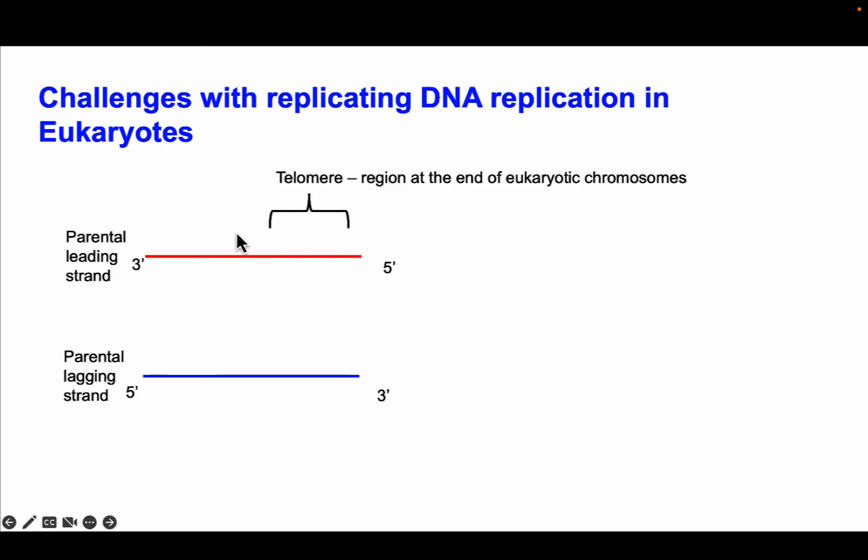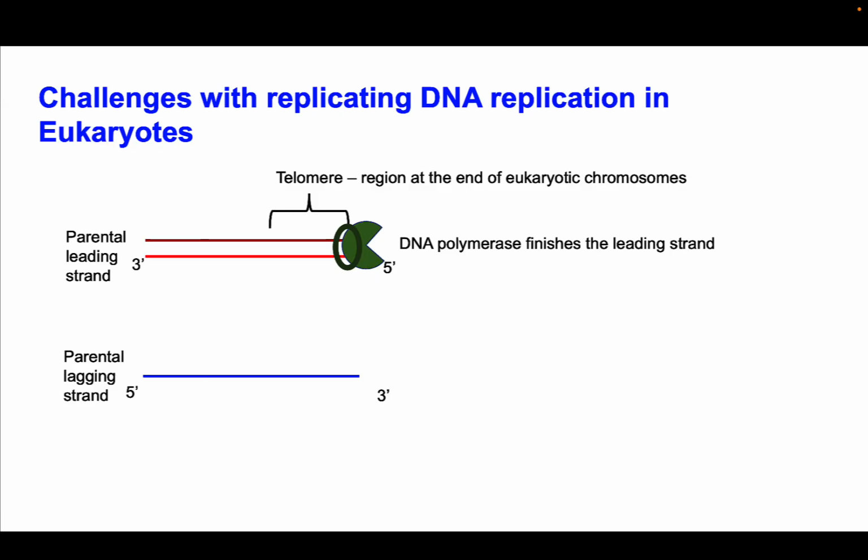So this is what happens at the end after we've finished duplicating the rest of the chromosome. In the leading strand, DNA polymerase will move 5' to 3' and finish copying, and it'll have a daughter strand.